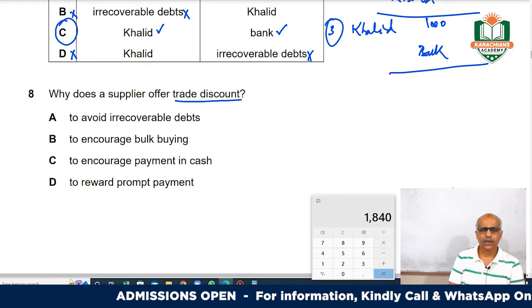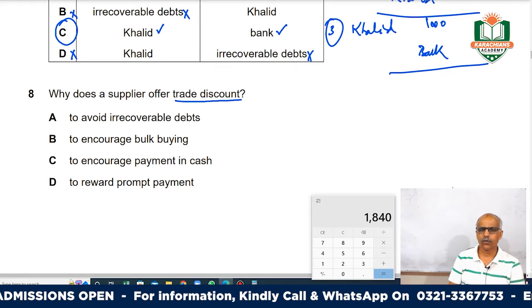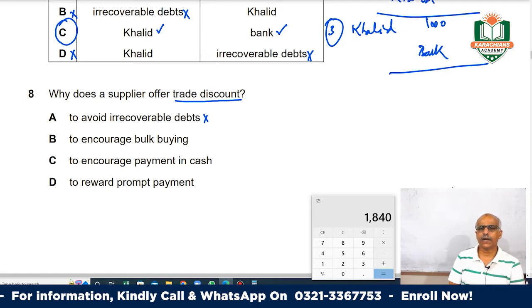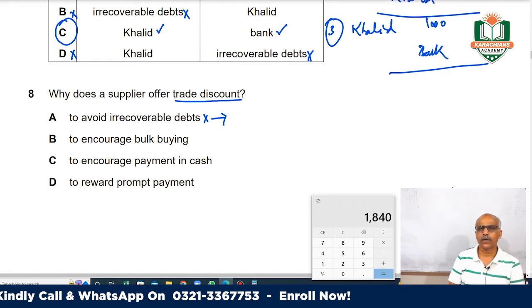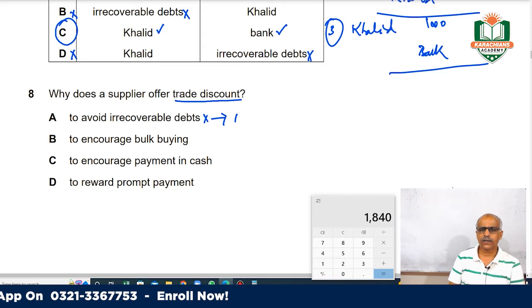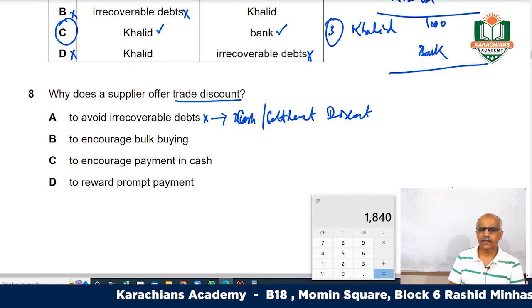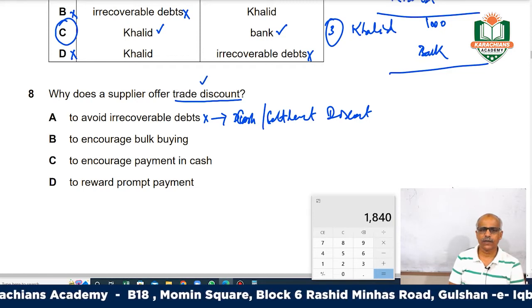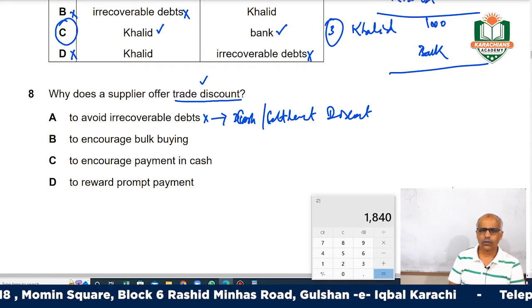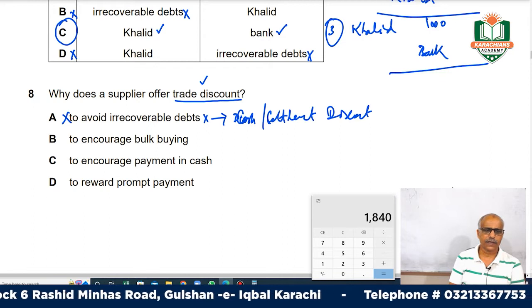Very simple question. To avoid irrecoverable debt, no. To avoid irrecoverable debt, the discount given is cash or settlement discount, but he is talking about the trade discount. So this is incorrect.